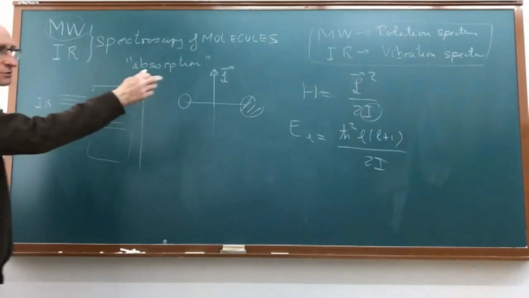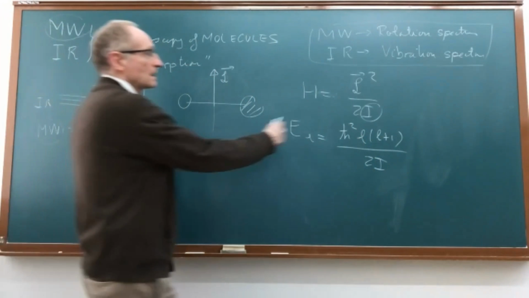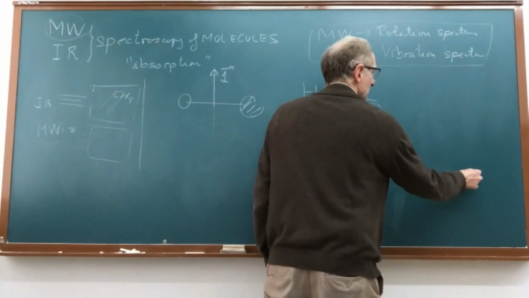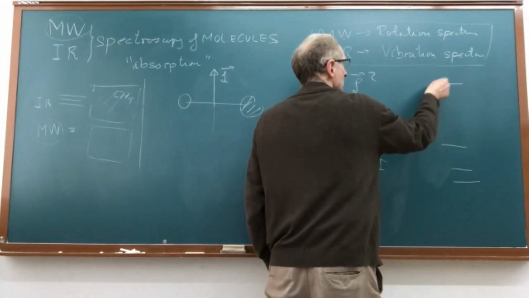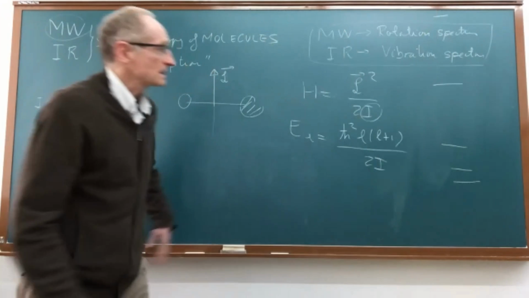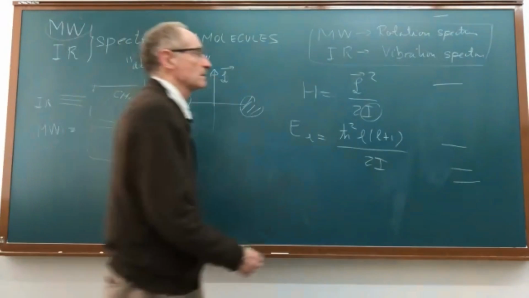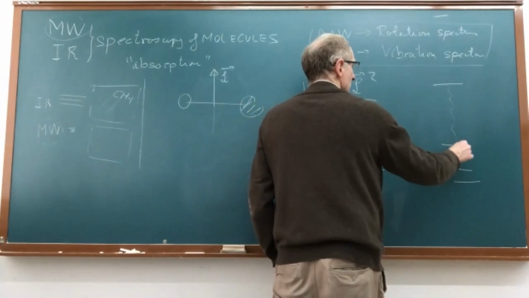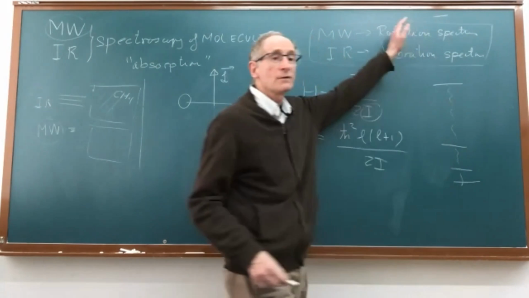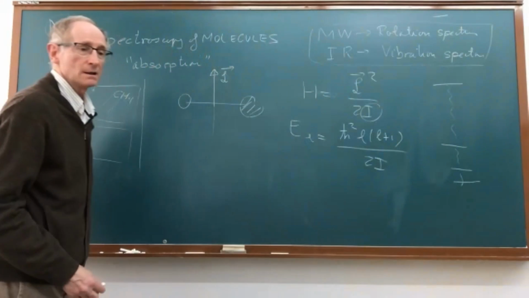So you have a spectrum with different levels. I mean, they are not equally spaced. So since they are not equally spaced, it means that when there are transitions, you have many different frequencies.